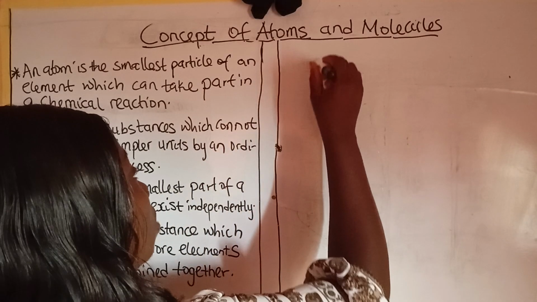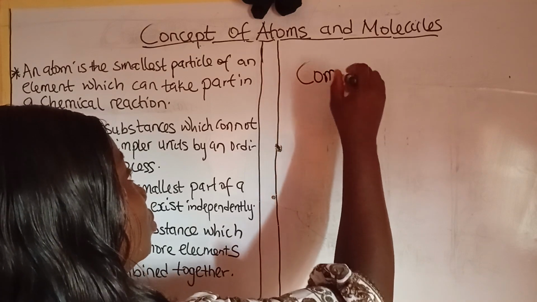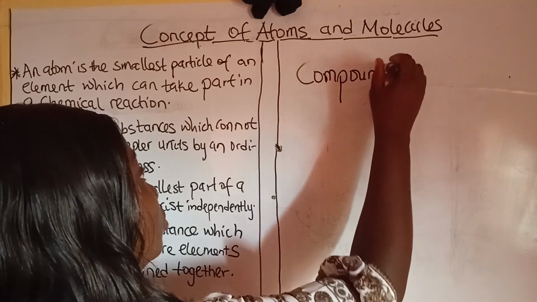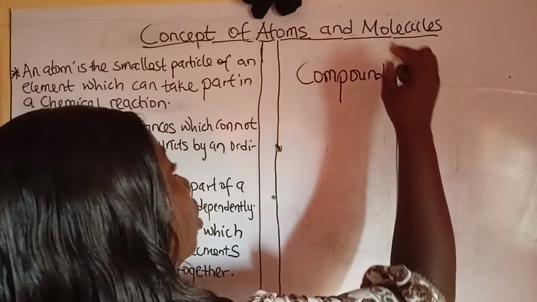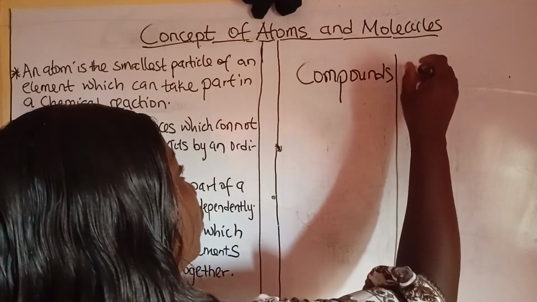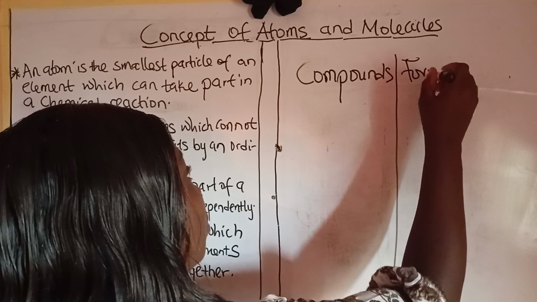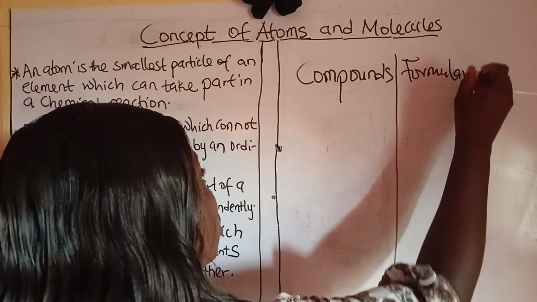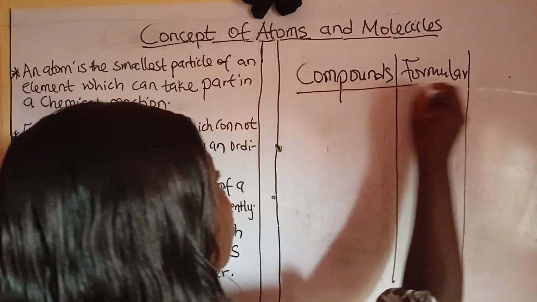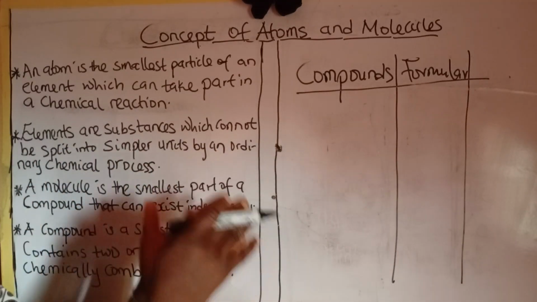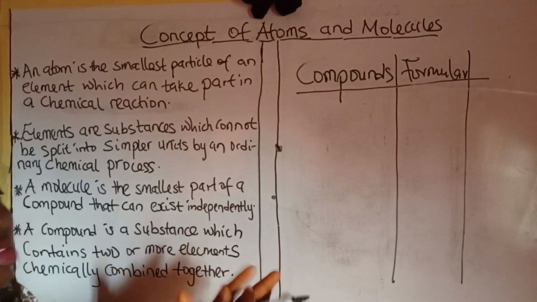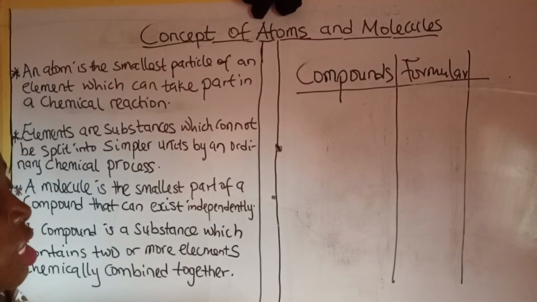Now let's consider compounds and their chemical formula. Remember that compounds are substances which contain two or more elements chemically combined together.